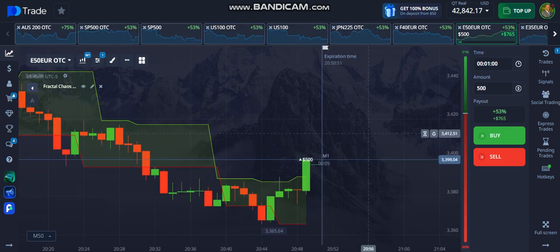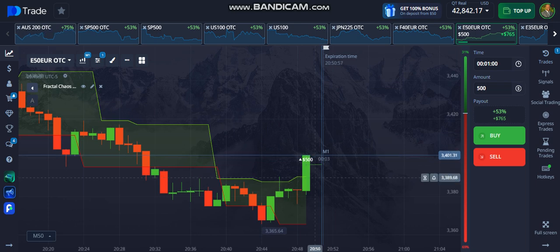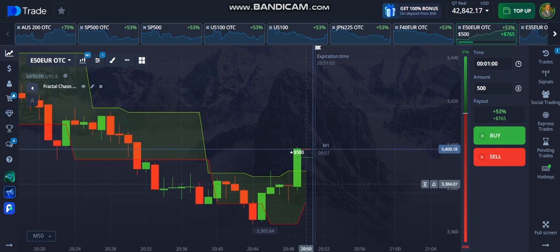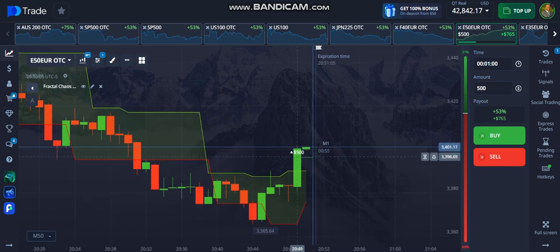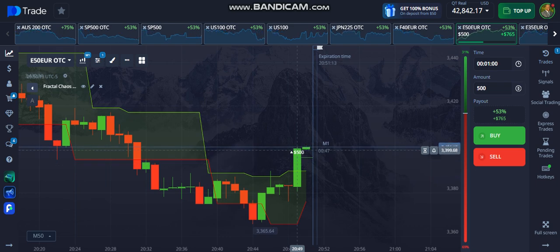Okay, so I'm on the E50 Euro stock index, and similarly to the previous trades, I waited for the candle to go outside the chaos band area, the green line here. And I was anticipating that the price would close, which it just did.